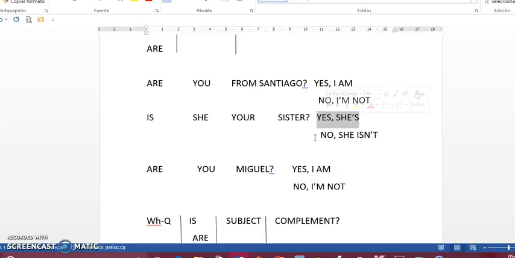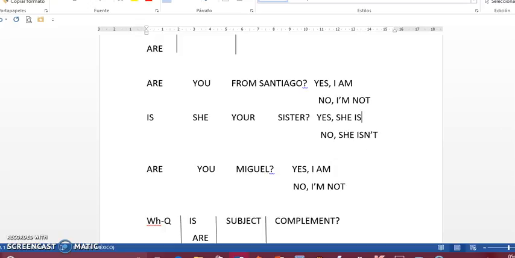Remember that in affirmative responses, we don't use contractions, so we answer yes, she is. In negative, no, she isn't. Of course, we can use contractions here. You can say, no, she isn't, or no, she's not, okay?